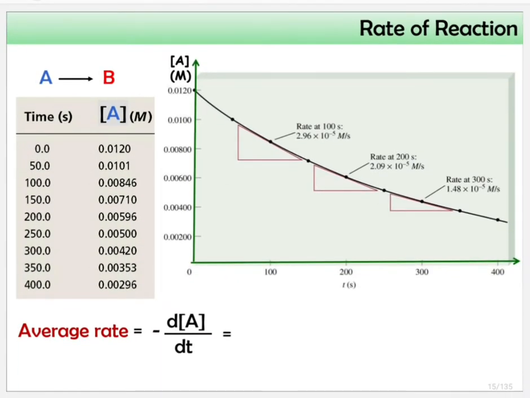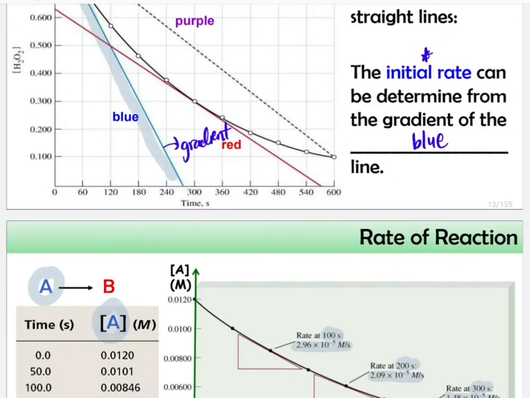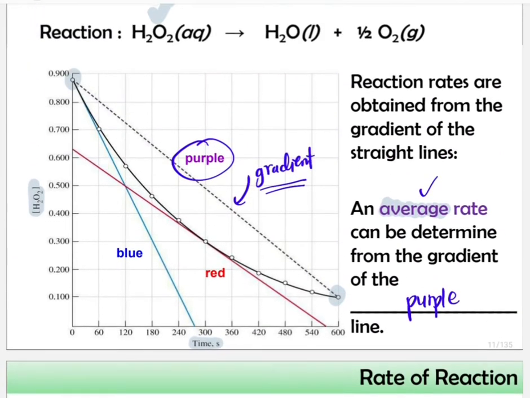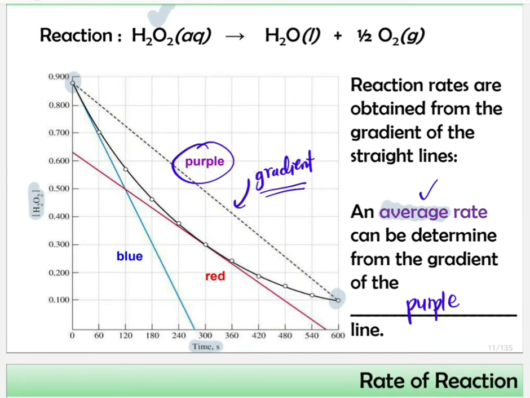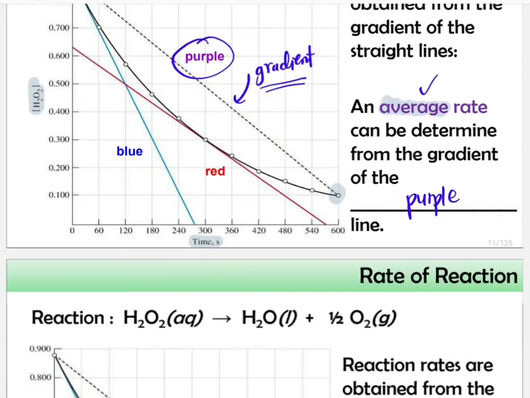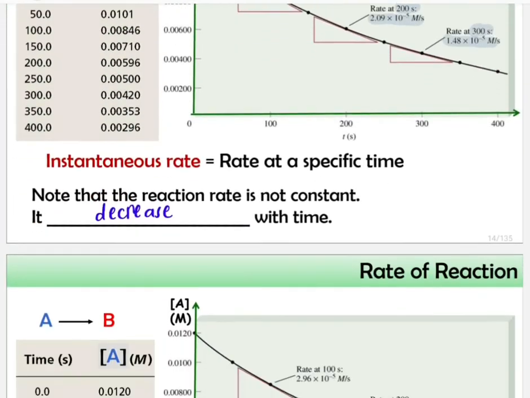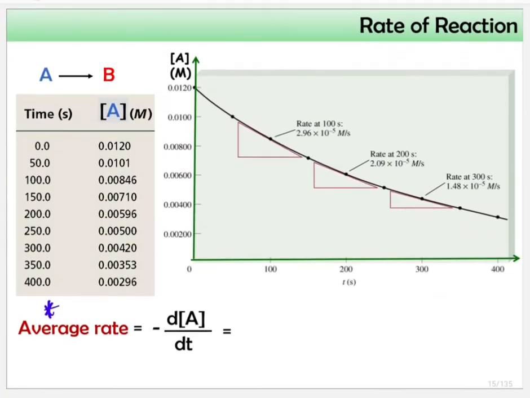Okay, lagi satu yang saya nak explain dekat sini adalah untuk average rate. Okay, average rate sahaja kita juga boleh guna formula to find the average rate. Tadi, method yang saya tunjuk untuk average rate, kita boleh guna graph, we draw a straight line and then we find the gradient. But for the average rate, we also can use formula to determine.